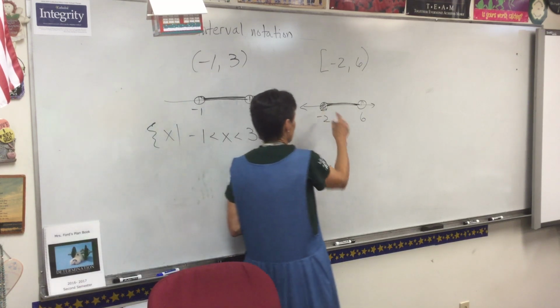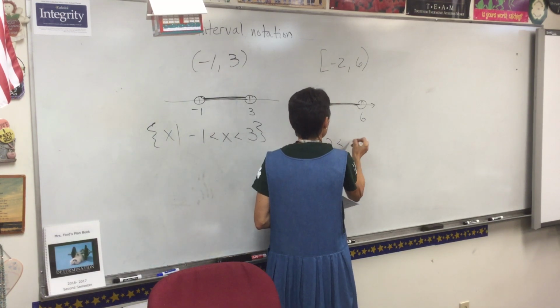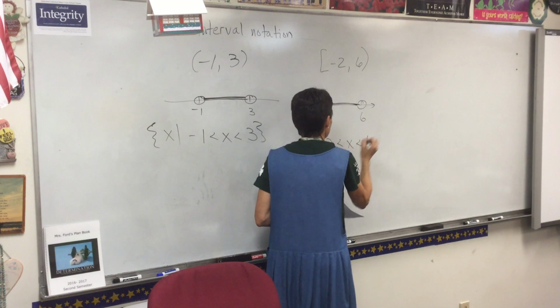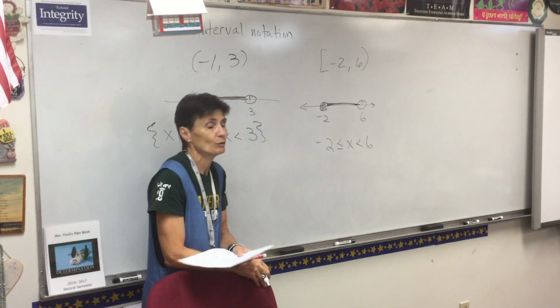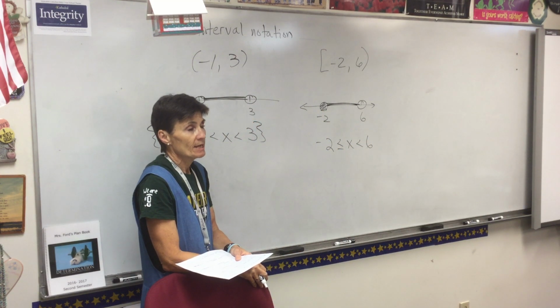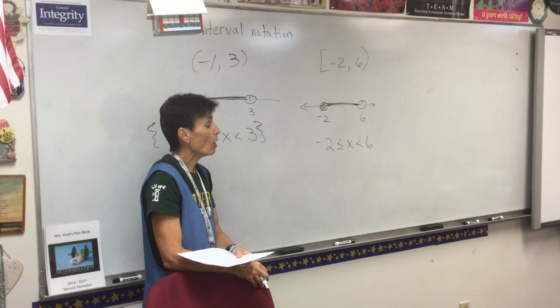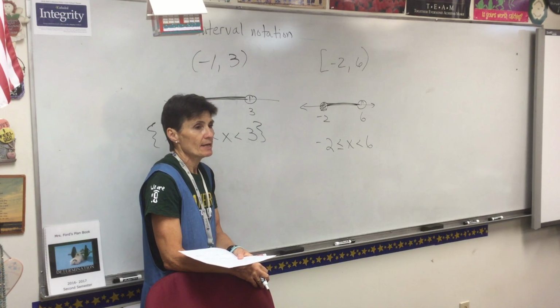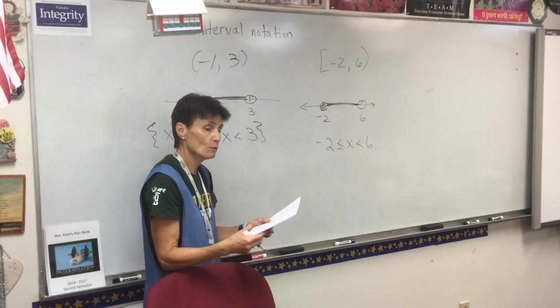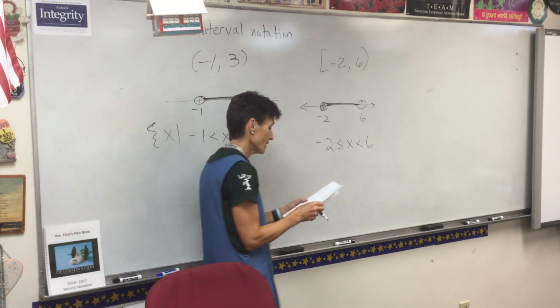So this means everything between -2 and 6, including -2. Interval notation: parentheses mean open circles, and brackets mean closed circles.